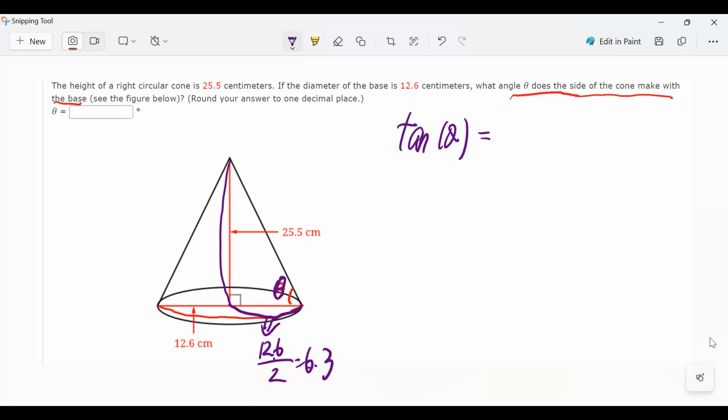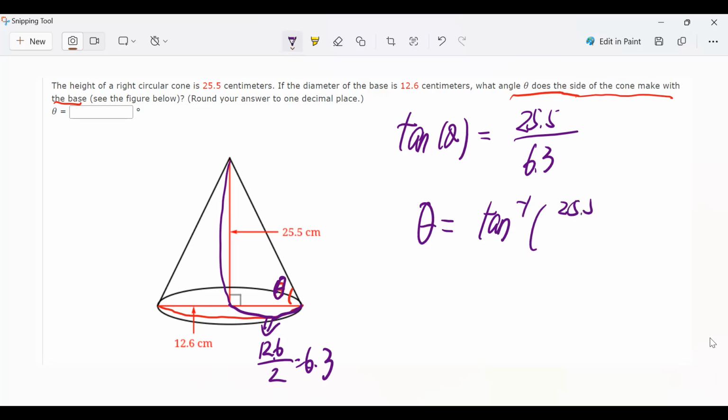Tangent theta equals opposite over adjacent, so it's 25.5 over 6.3. And then we're looking for theta. Theta is going to be the inverse tangent of 25.5 over 6.3, and we get an angle. You want to round the answer to one decimal place. Let's go back to the calculator.